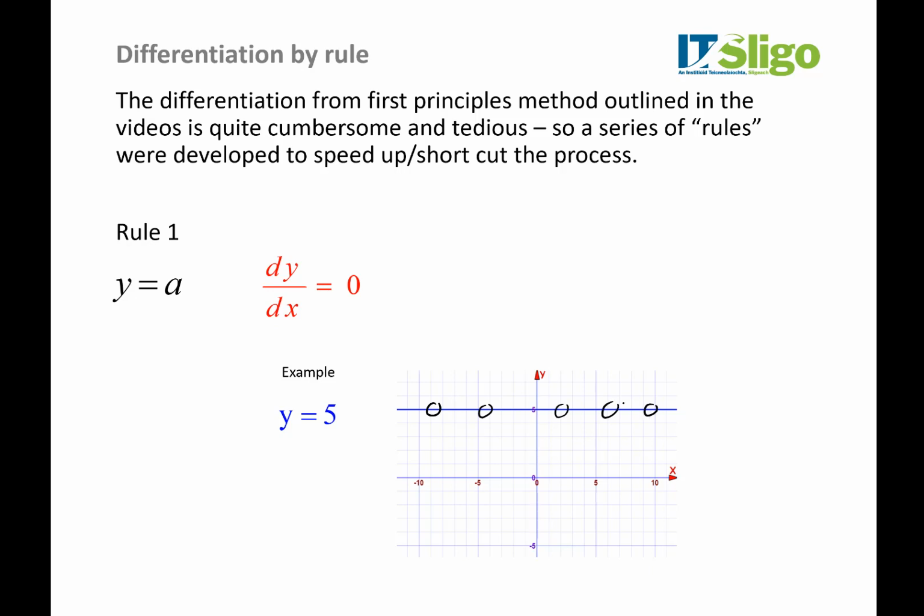A horizontal line has a slope of 0, and that's all we're saying here. So it doesn't matter what value a is. Like I said, it could be 5, could be 3, could be minus 2. The slope of that line is always 0. So that's all the first rule is telling us. Any constant term, when we get the derivative of it, the derivative is 0.